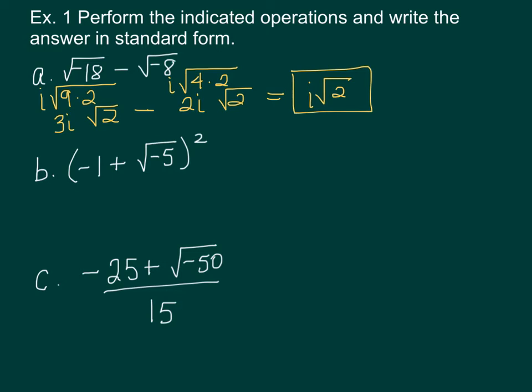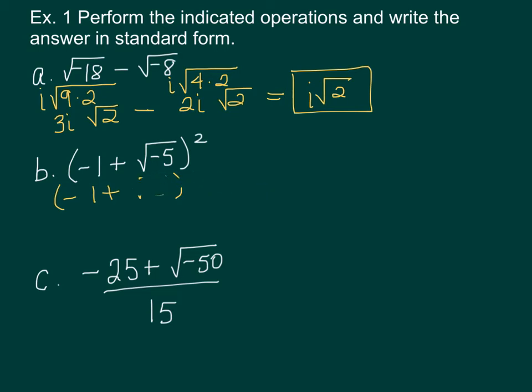Okay, B. Remember, when you see a binomial square, that means that you have to write it twice. Now, before you do anything, well, actually, I've contradicted myself.